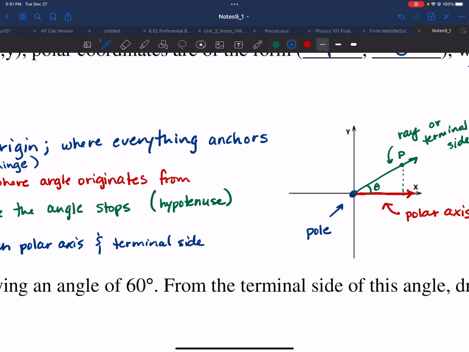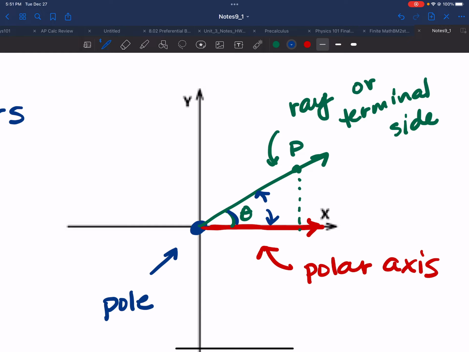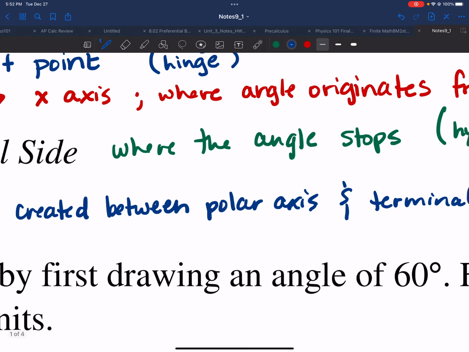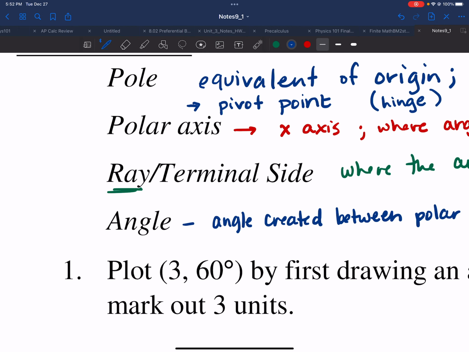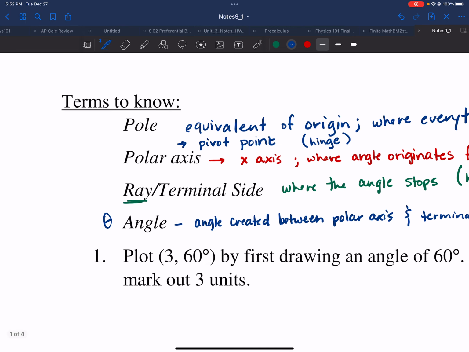So in between from my terminal side to my polar axis, that's what my theta is going to be. Okay, that's my angle. I'll go ahead and put theta over here because that's usually what we call it. If we run out, we just continue to use other Greek symbols like phi.